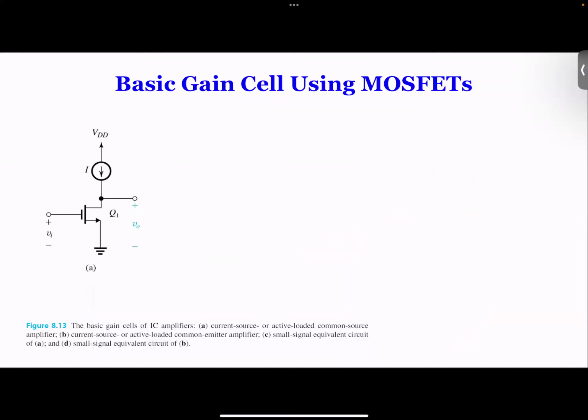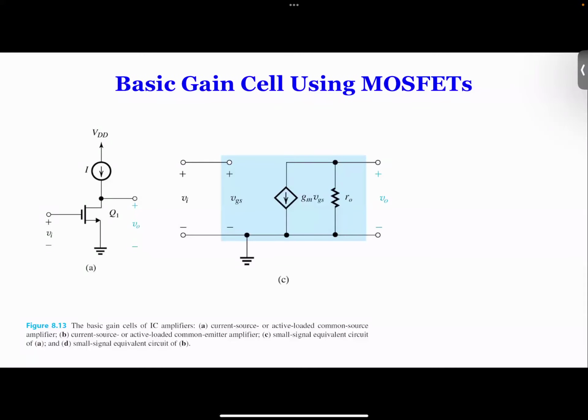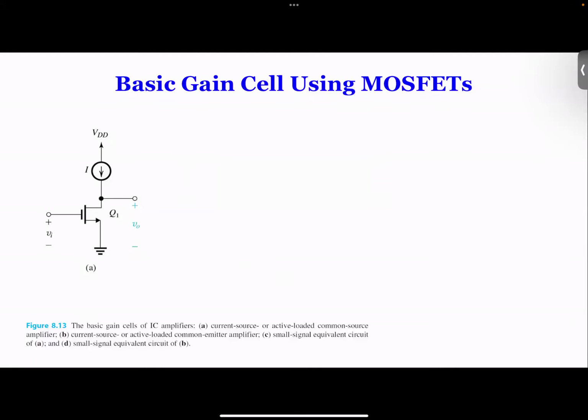Now that we have current mirrors, we can go back to analyze our basic gain cell. Let me redraw what we had in the past. I want you to compare. We had the basic common source amplifier like this.